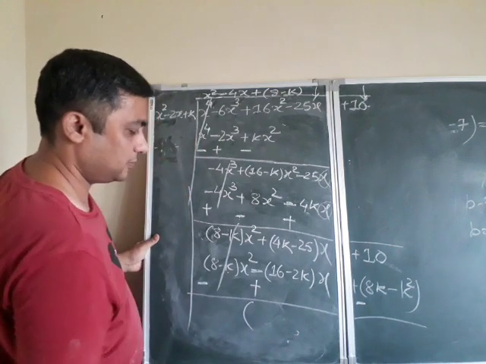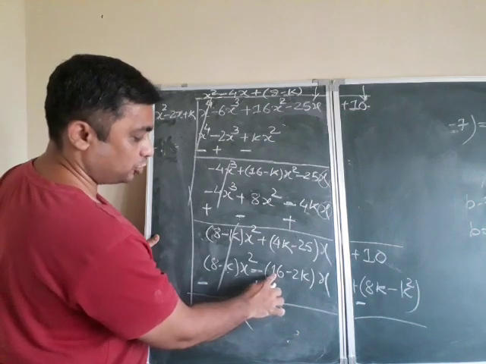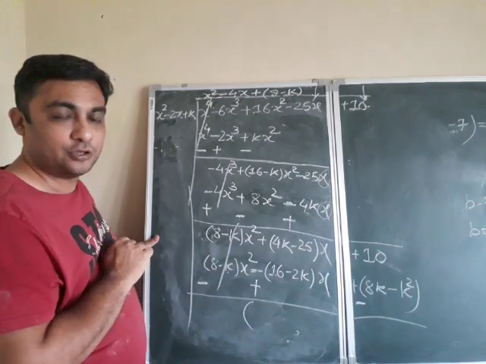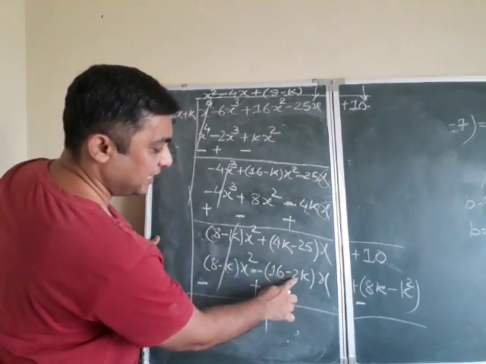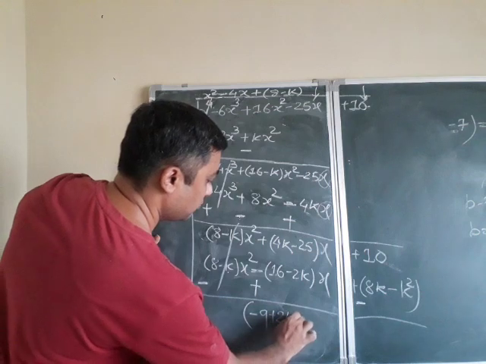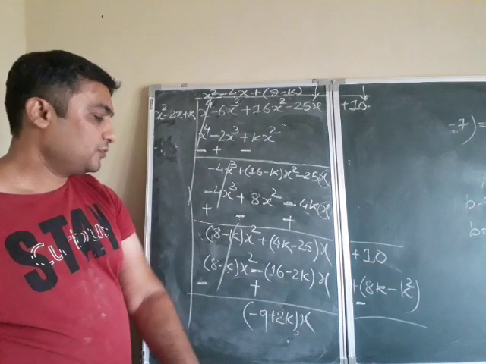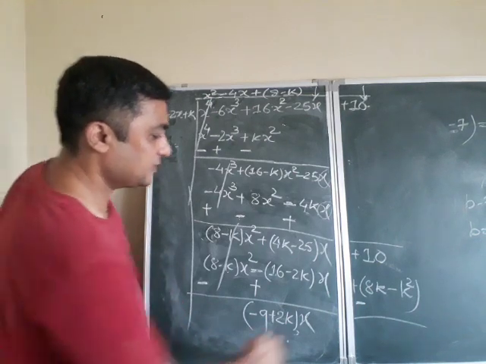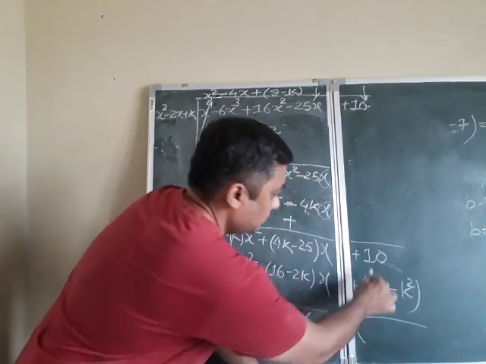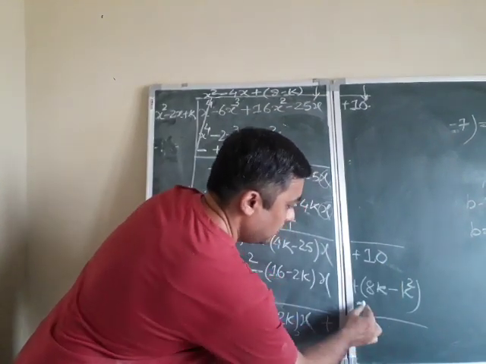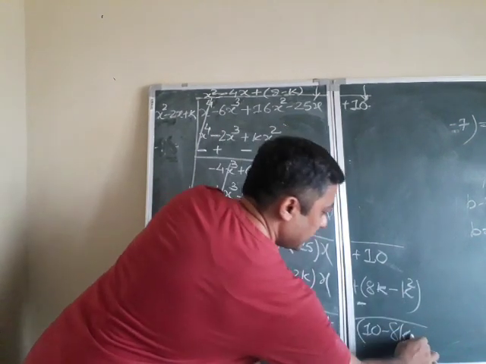So in the bracket what remains, this became plus, yes it was minus but became plus. So 16 minus 25 plus 16, so that is minus 9. Now 4k minus 2k, so that is plus 2k. It means 2k minus 9. And this is plus 10 minus 8k. See here the outer sign is minus, so minus minus plus k square.